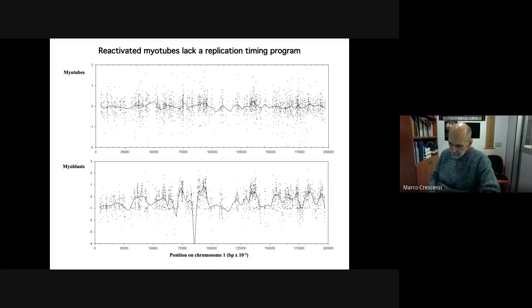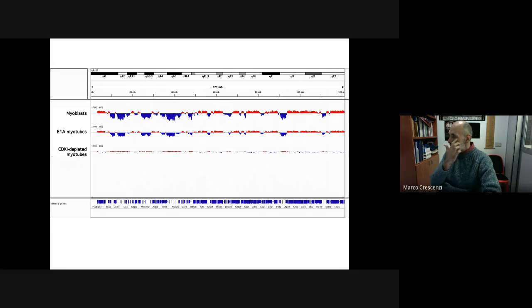Why am I saying that? This is the same experiment carried out this time with next generation sequencing. It's conceptually the same, it's just technically different. And then again, you see that, for example, on chromosome 1, this is chromosome 1 of myoblasts.